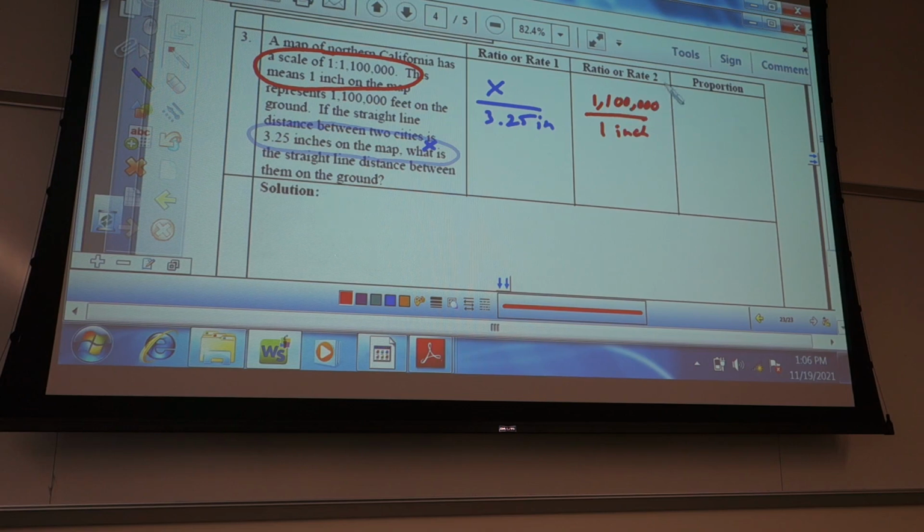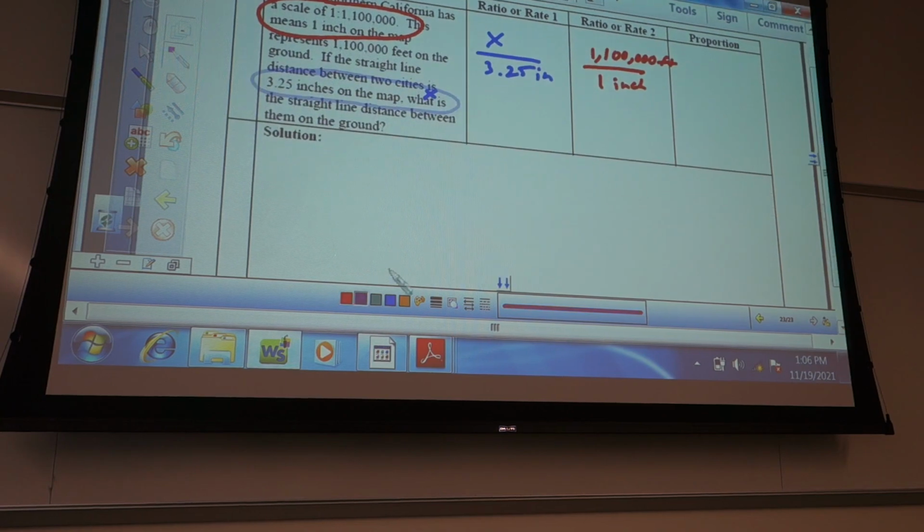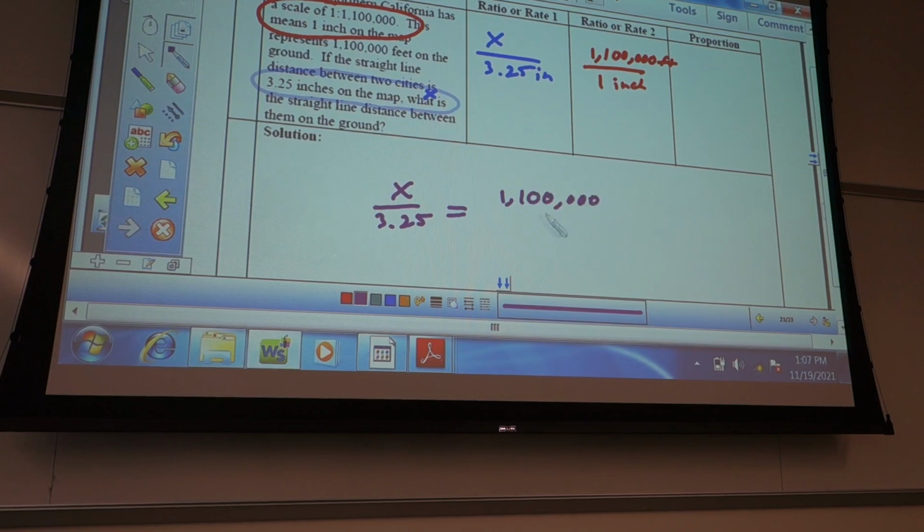Or miles? Feet. Okay, so then I can go straight to setting those up down here: x over 3.25 equals 1,100,000 over 1.